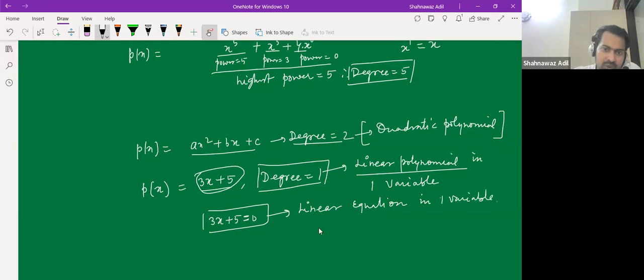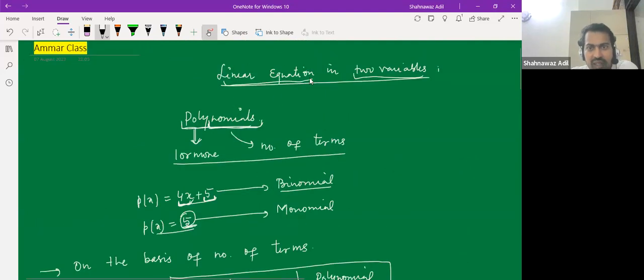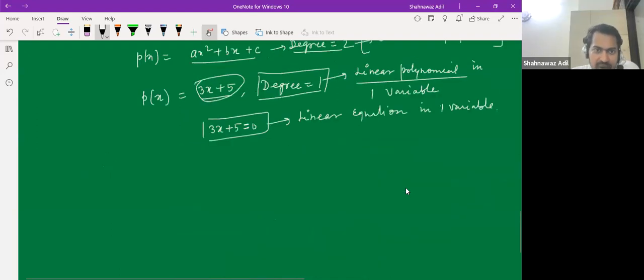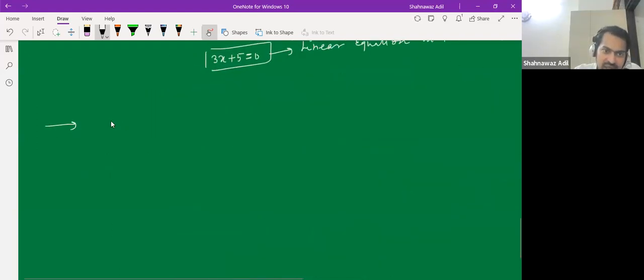Now coming back to our topic, linear equation in two variables, right? So if I write a linear equation, let's say 3x plus 4y plus 7 equals 0.